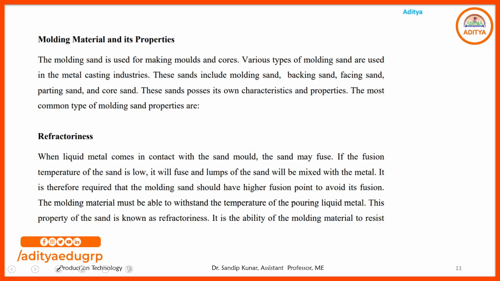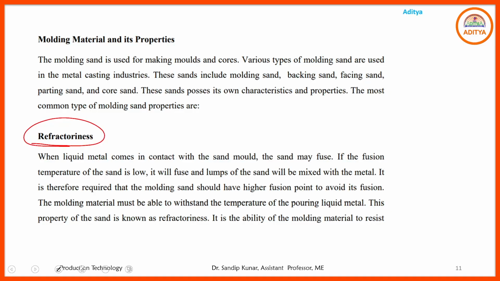What are the molding material properties? Using molding material, some particular properties are there, and based on those properties we use those molding materials. First is refractoriness. The molding material has the capability to withstand higher temperature.